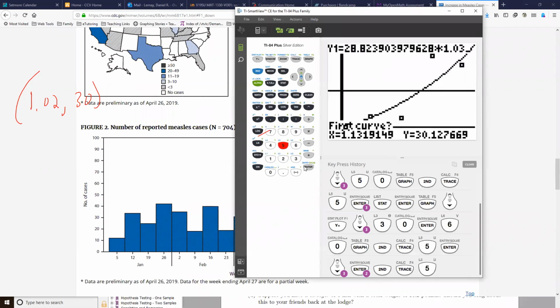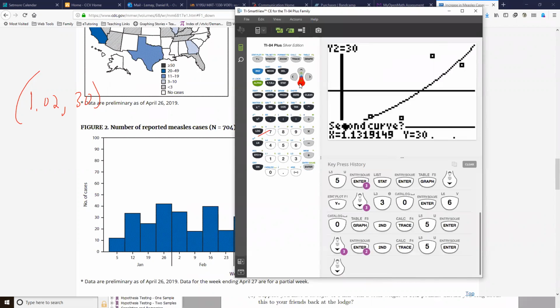First curve is your regression equation. Second curve is not 30. We want to do the next one when it was 60. Here we go. Enter, enter. Found that intersection. So at day 18.76, there were 60. So I'm seeing a difference.